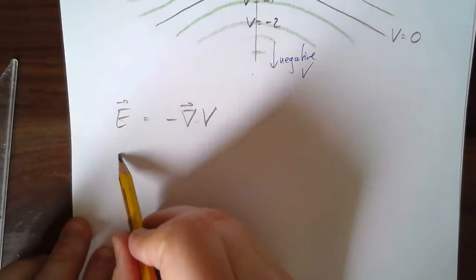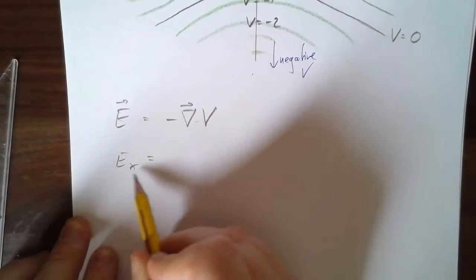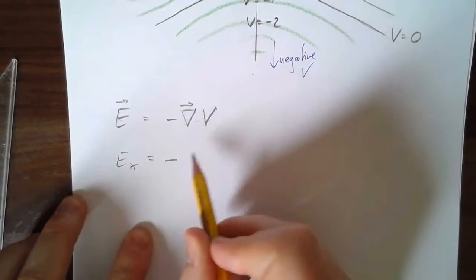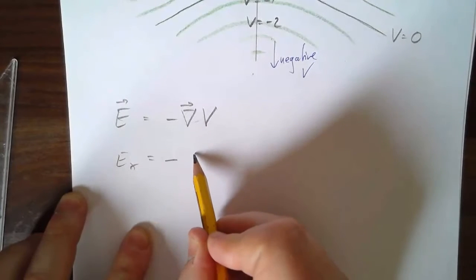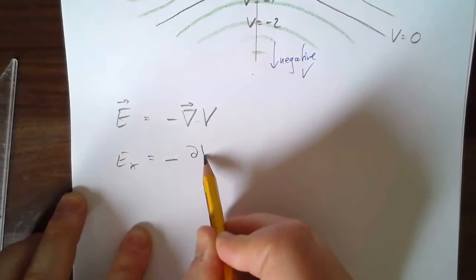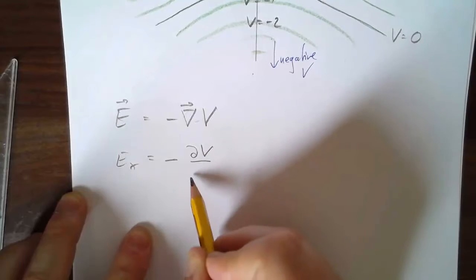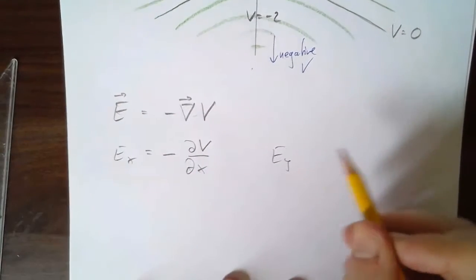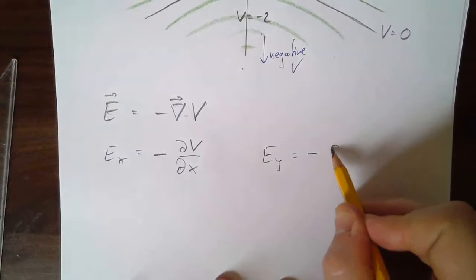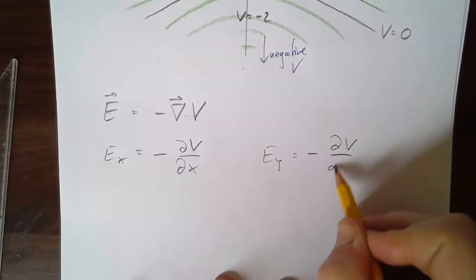If you actually want to evaluate it, this is easy. You just take x, and this means as a vector, you take the derivative of V with respect to x, and for the y component of the electric field, you just take the derivative with respect to y.